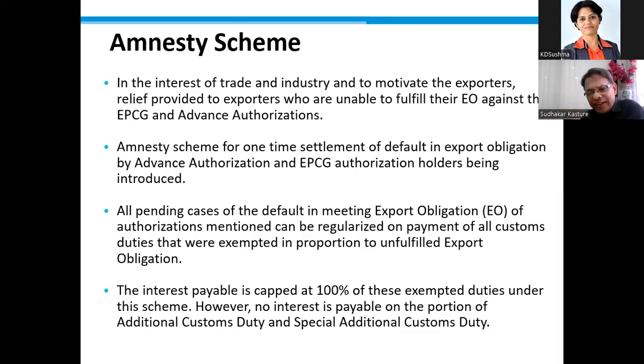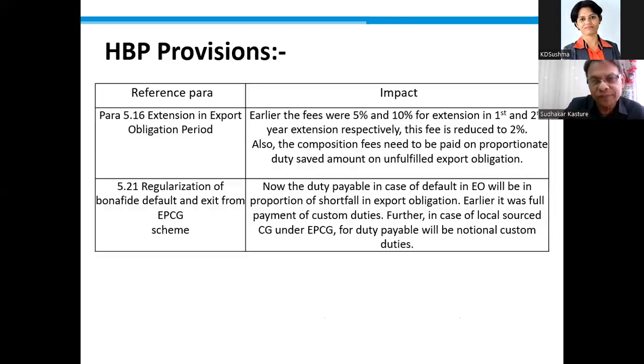And few pending cases which have not yet been sorted out may be closed due to this. So if you are having the case where the authorization is issued prior to 2015, then only you should look at it. Otherwise, this doesn't help you for current authorizations. Kindly note.